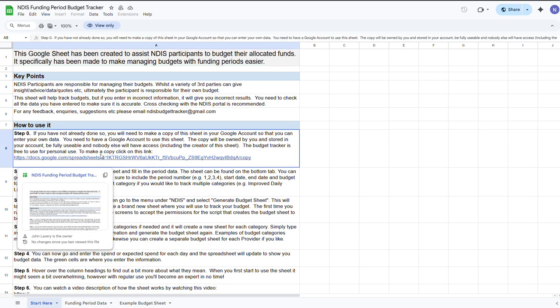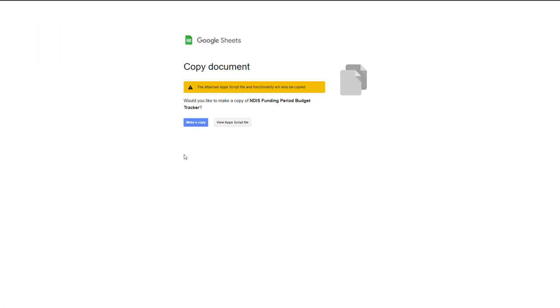Down here, there's a link to make a copy of the sheet. Here I'd click on the link to make a copy, and my window asks me if I want to copy it. So I click on make a copy.